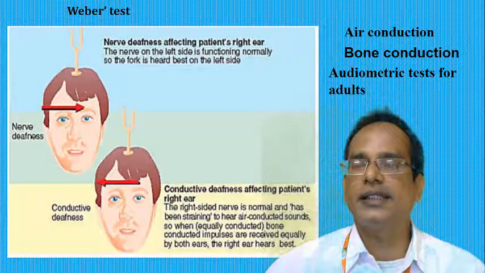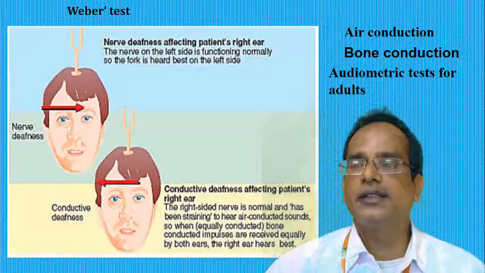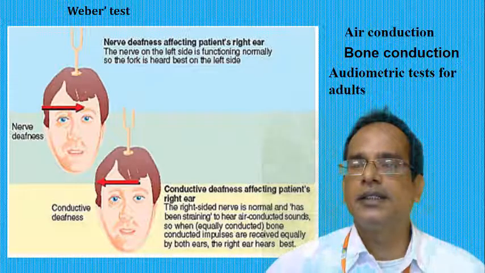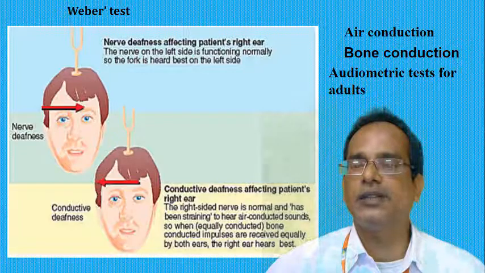Here the testing is done with a vibrator placed somewhere on the skull. The testing is plotted and the procedure is the same as for air conduction. Sound is transmitted directly to the cochlea by bone conduction, thereby bypassing the transmission mechanism of the middle ear.